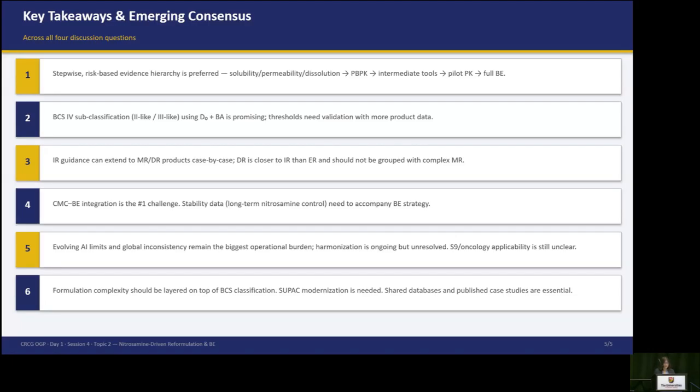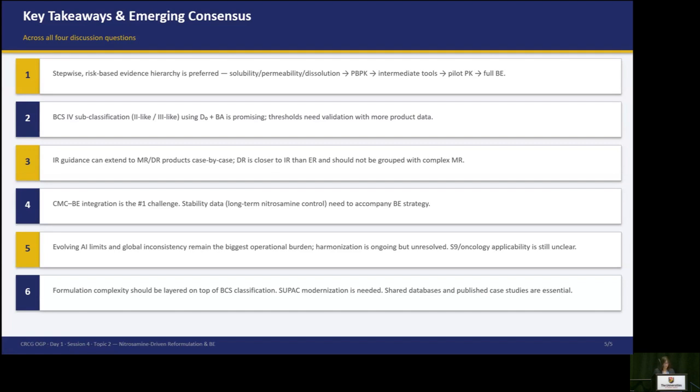And the IR guidance can be extended to the MR and the DR products on a case-by-case basis. And we also think the DR product is closer to the IR products than the extended release products. And also the group thinks the DR should not be grouped with complex MR products.